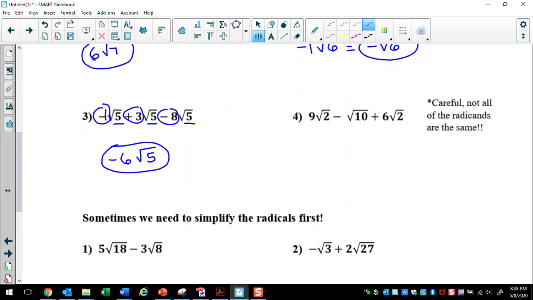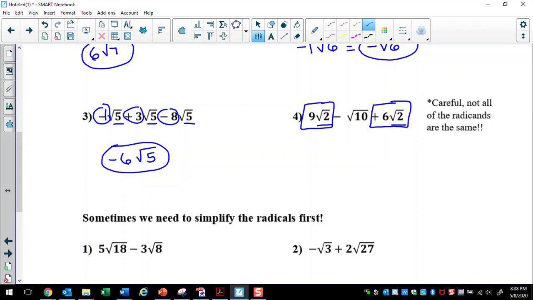Done. Alright, now be careful here, because not all of the radicands are the same. So look, I've got a 2, a 10, and then a 2. So the only ones that are actually like terms are this one and this one. So I can combine my coefficients of those two.